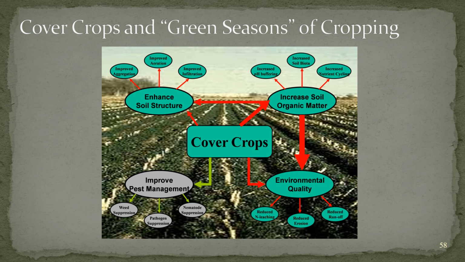And it increases soil biota and increases nutrient cycling and improves environmental quality by reducing nitrogen leaching and reducing erosion and reducing runoff. And it improves pest management by suppressing weeds and suppressing pathogens and suppressing nematodes.